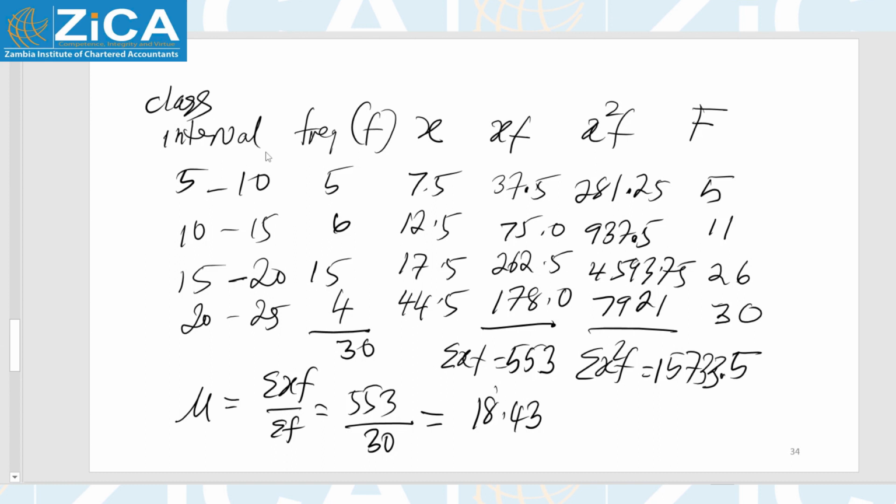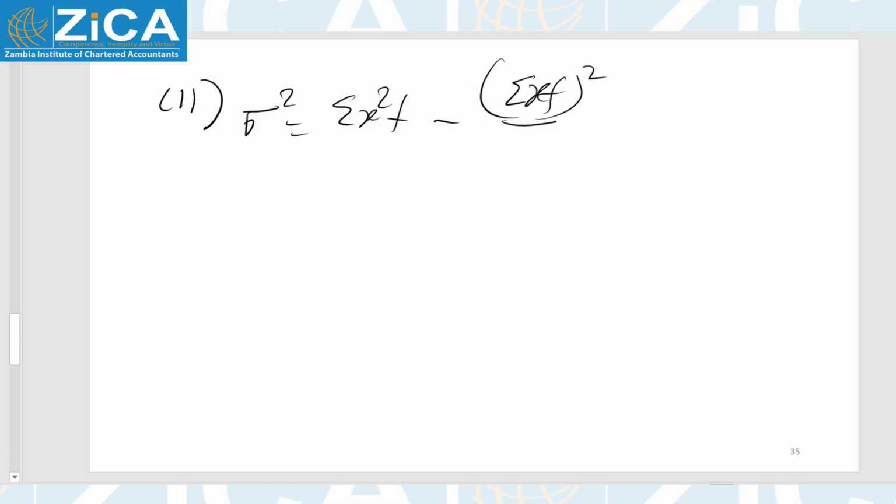That's the cumulative frequency. Next we get to the variance, sigma squared, which will be equal to the summation of X squared F minus summation of XF, all squared, over the summation of F. Again, these formulas are given to you. This is for the population. Then substitute the values which you have. It's the issue of adding the correct values.